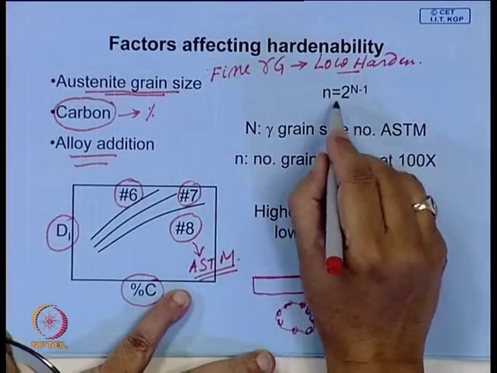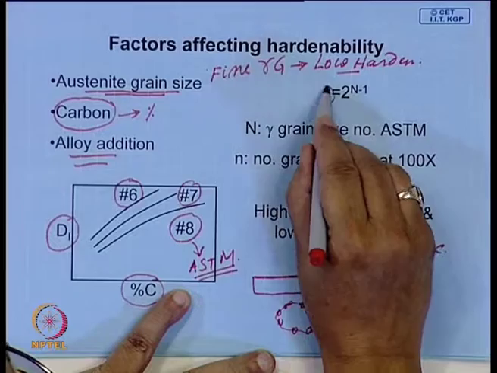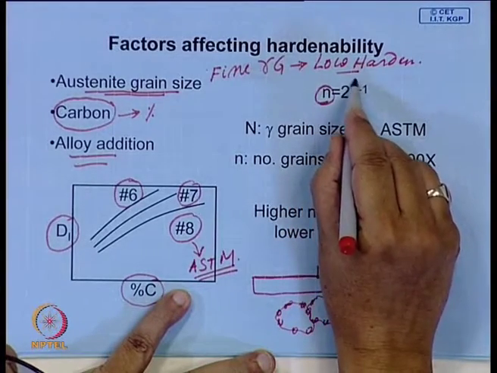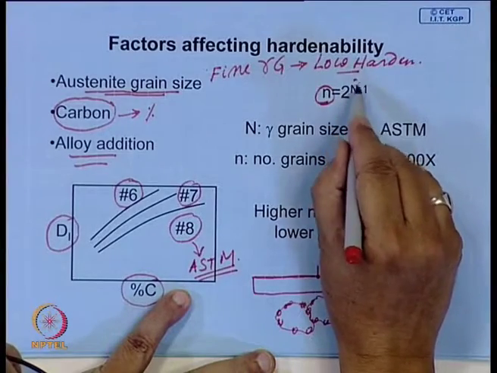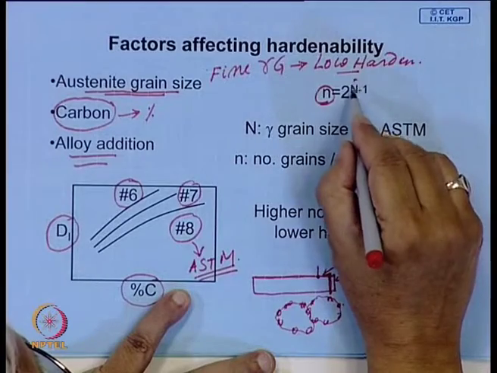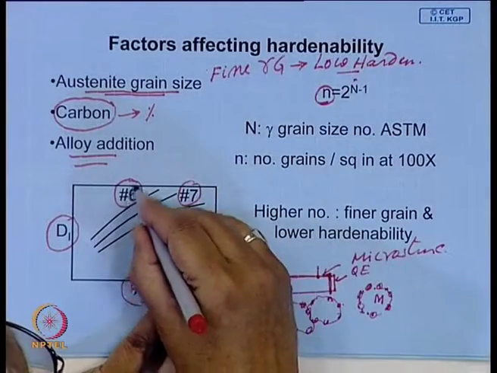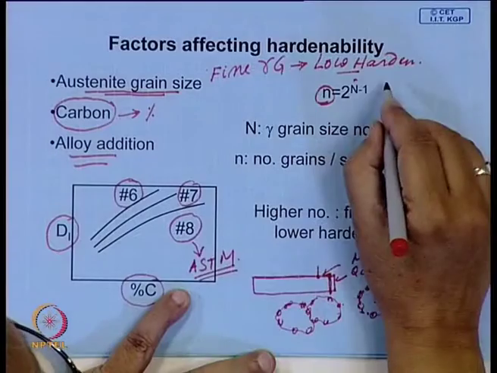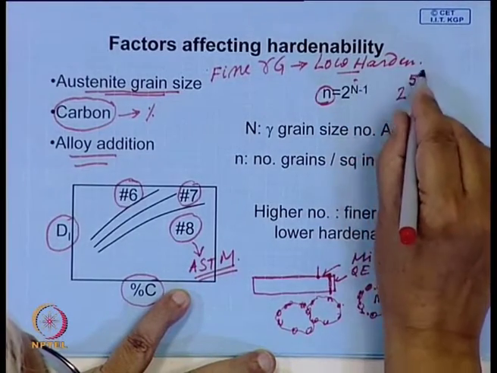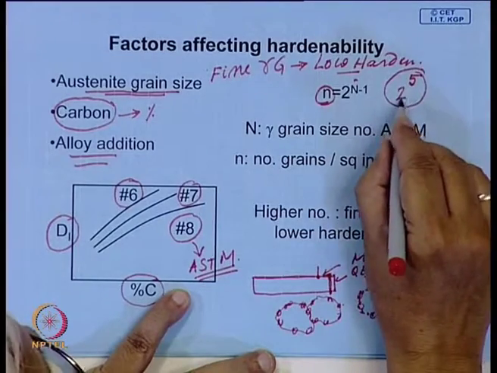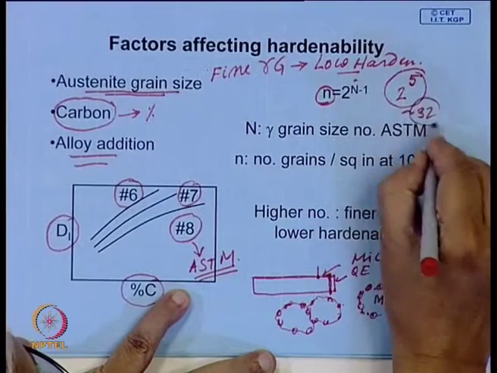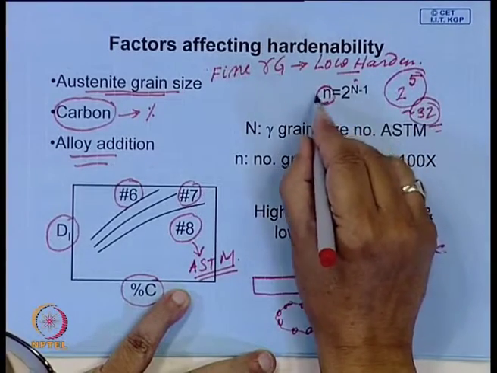And how do you define this number? This is the number of austenite grains per unit area, given by an exponent 2 to the power n minus 1. Suppose n is, let us say, 6. So, 6 minus 1, this will be 2 to the power 5, so this is 32.